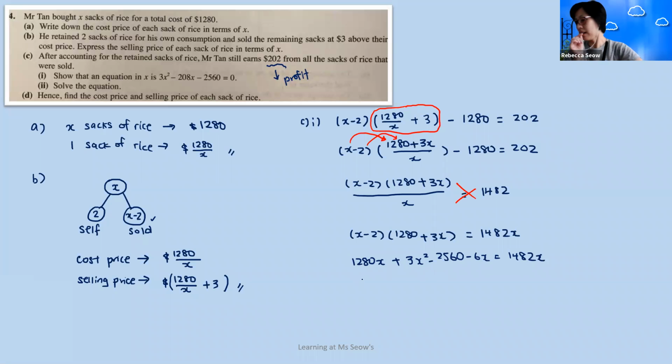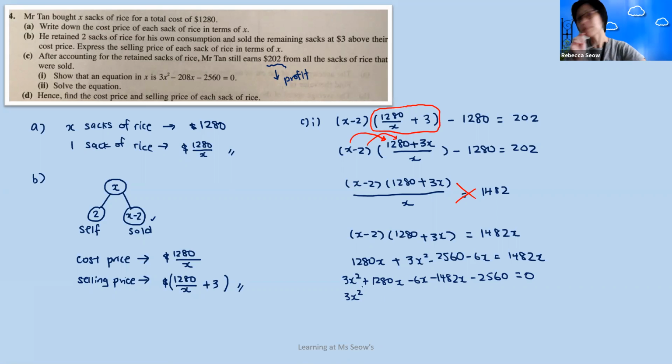Okay, now let's rearrange the terms. And I'm going to simplify.